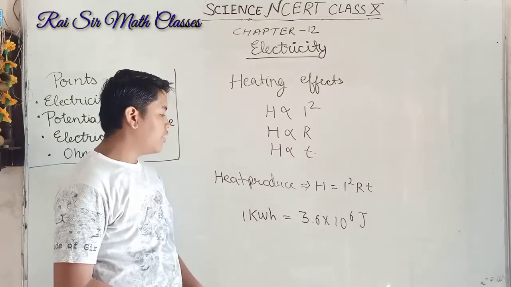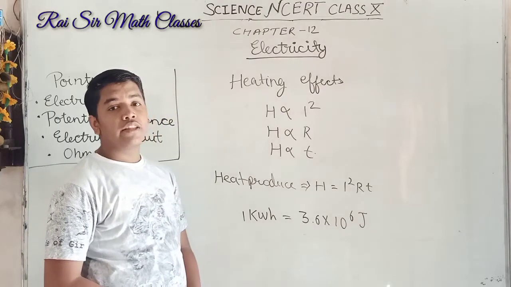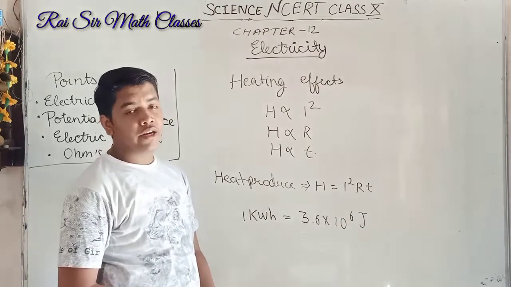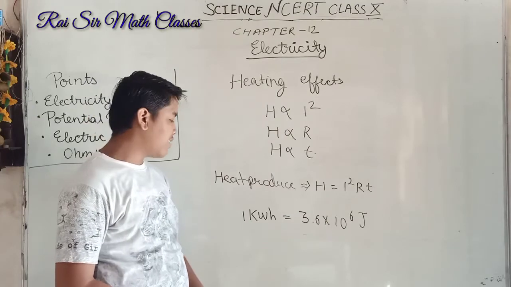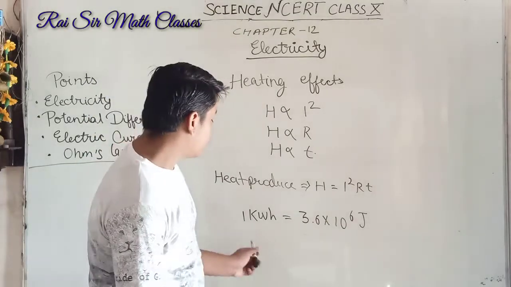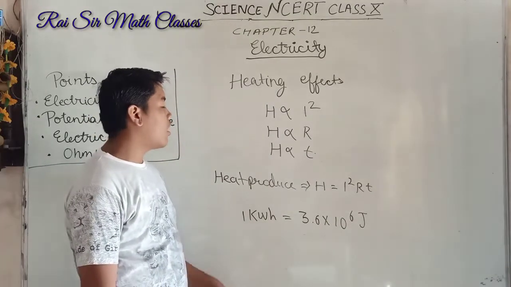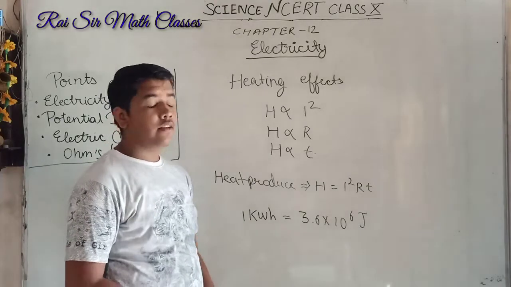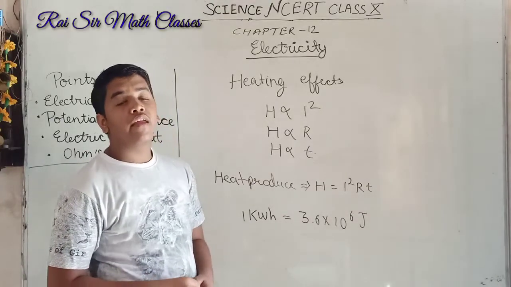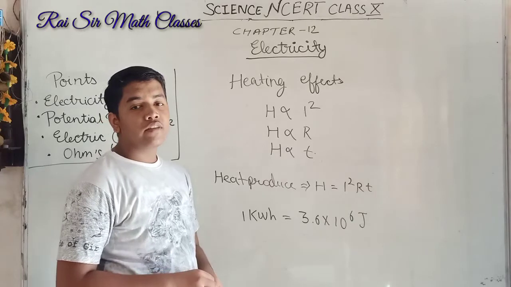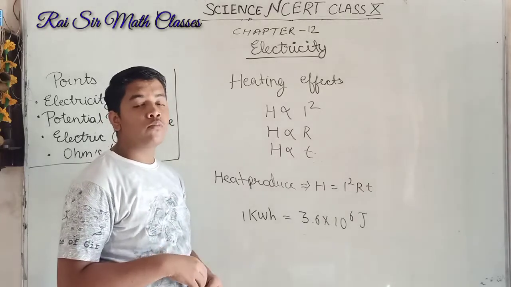Now there is one more important point that can be asked in any competitive exam or in our board exams also. That is the kilowatt hour. In our daily life, electricity bills come to our home monthly.